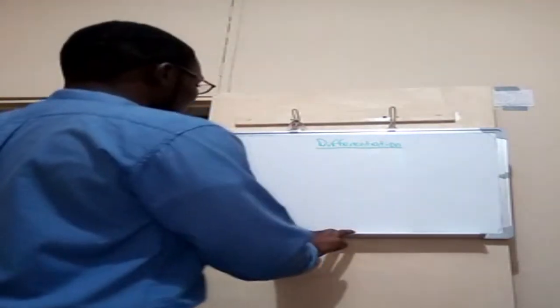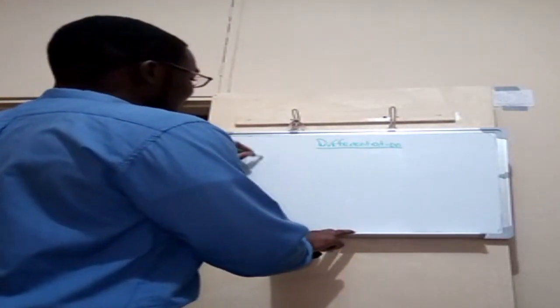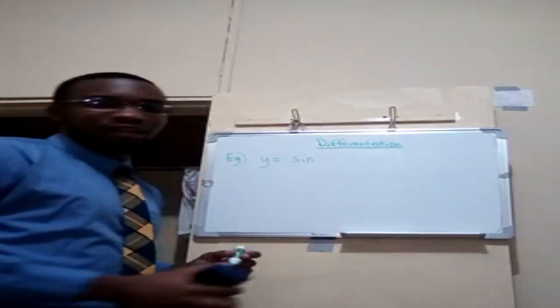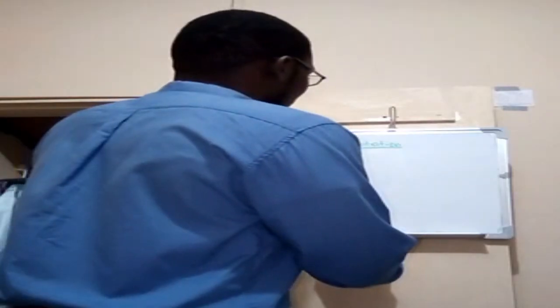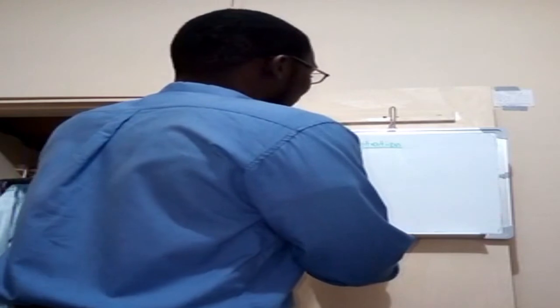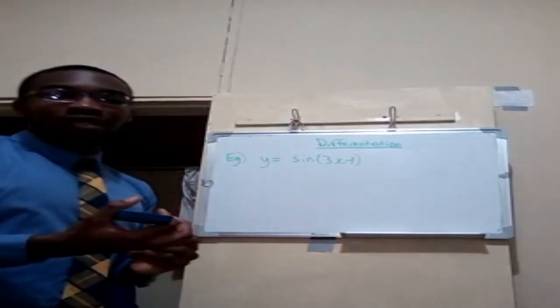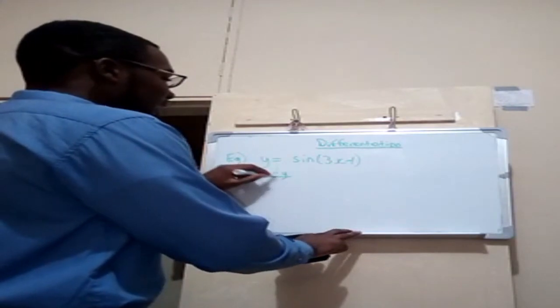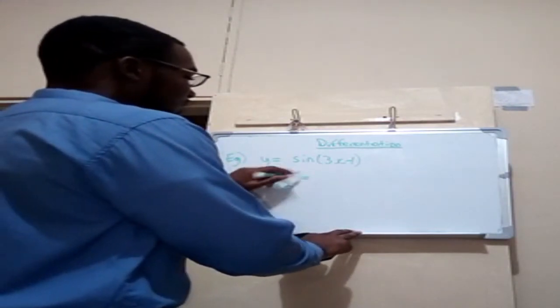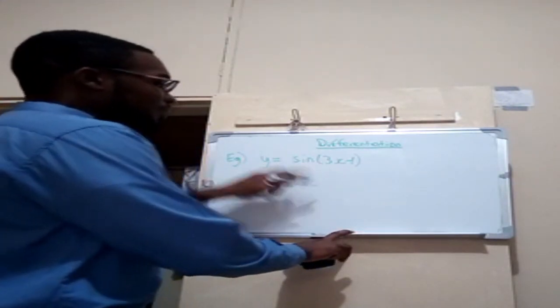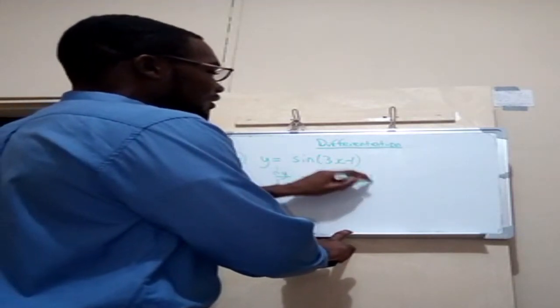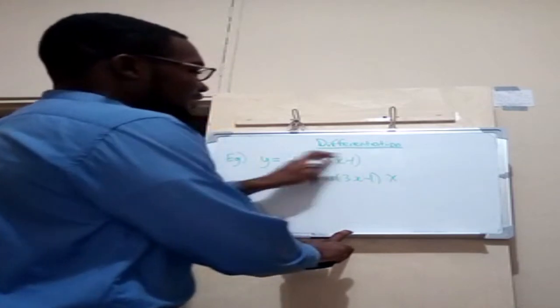Example: let's say y is equal to the sine of 3x minus 1. Then dy by dx is equal to, when we differentiate sine, we get cosine of 3x minus 1 times the derivative of what's inside this bracket.